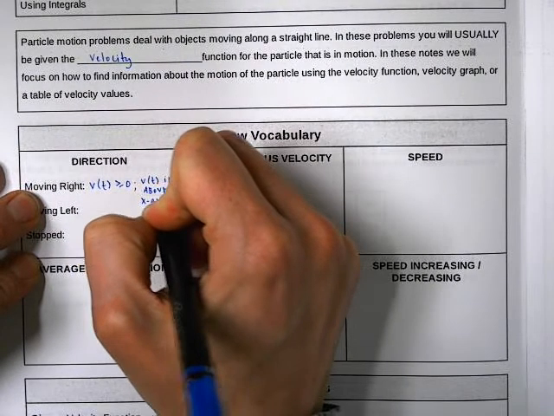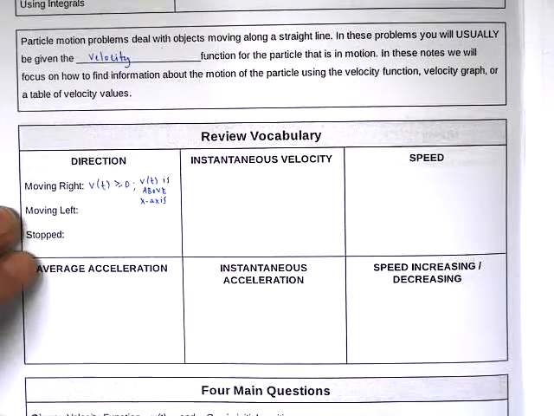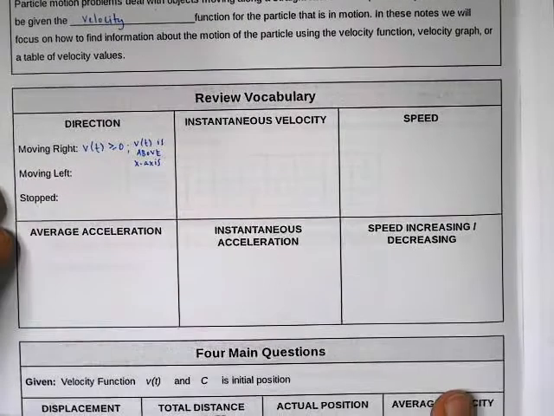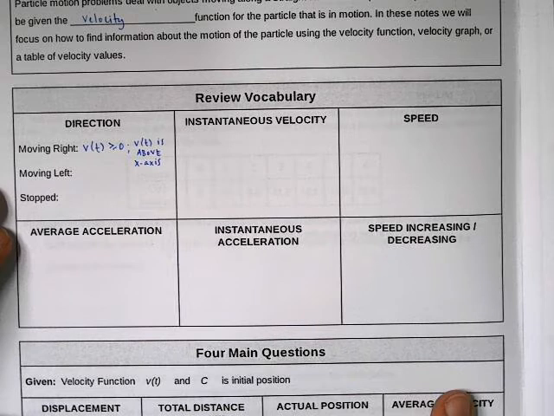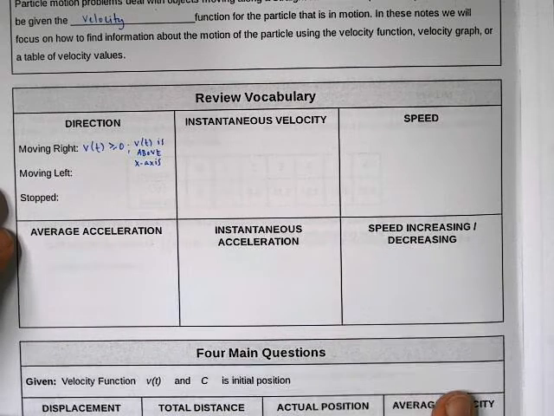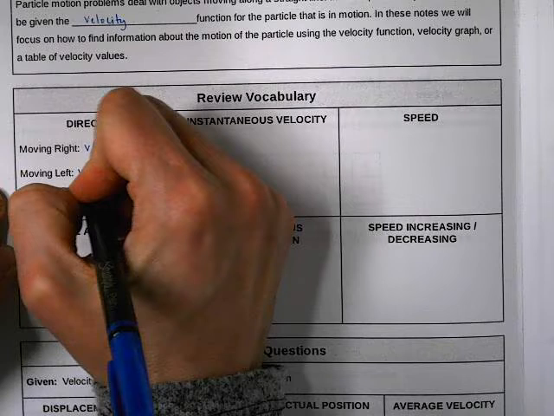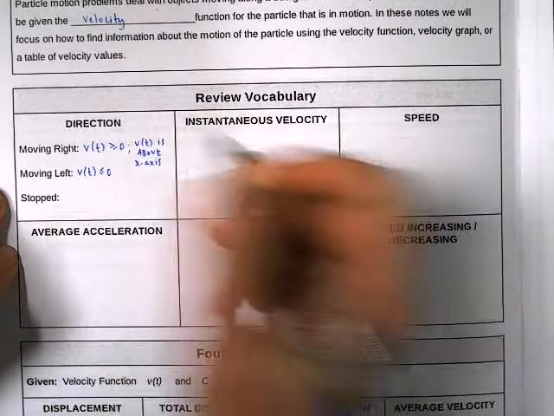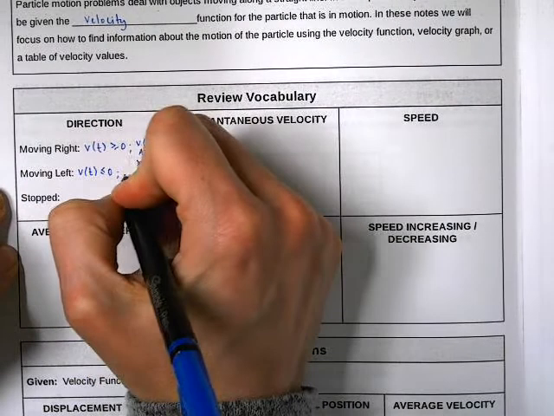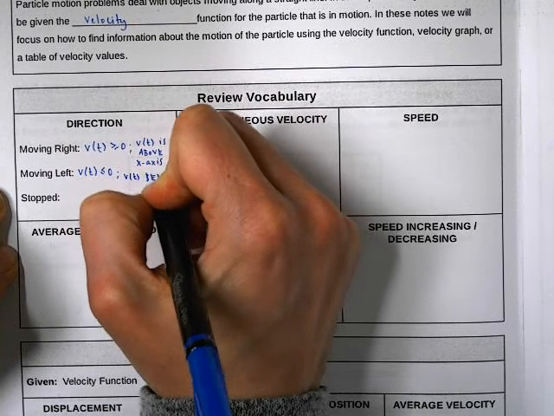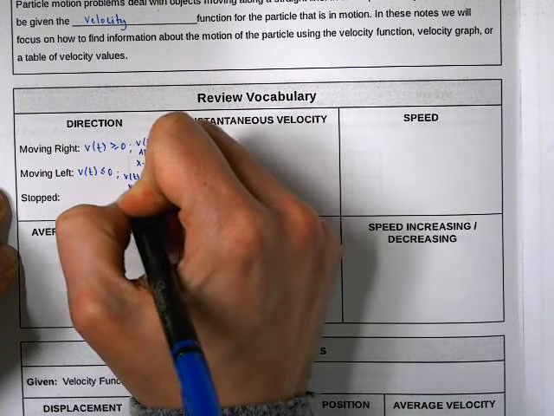I'm sorry, this is going to be kind of small because I'm trying to shove it in there. So we're right when velocity is greater than or equal to 0. On a graph for velocity, that looks like velocity being above the x-axis. For moving left, we have velocity is less than or equal to 0. On a graph, we have velocity below the x-axis.